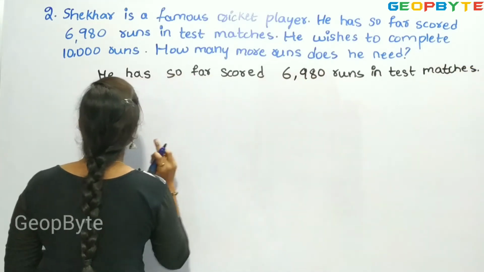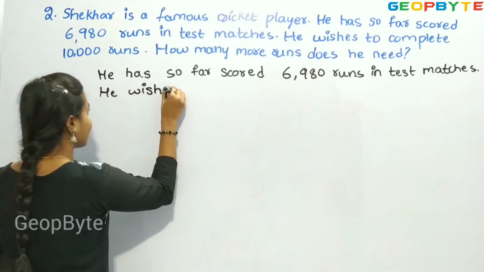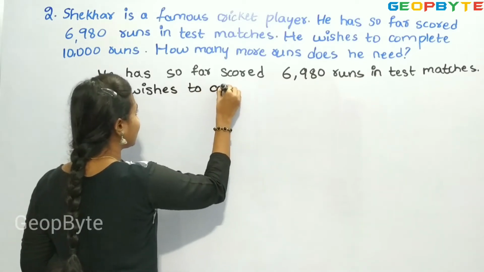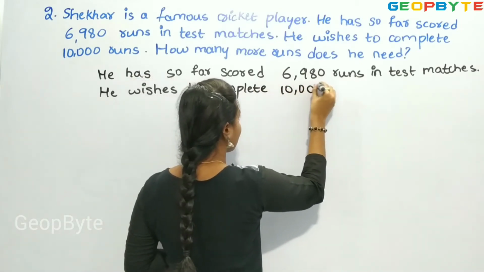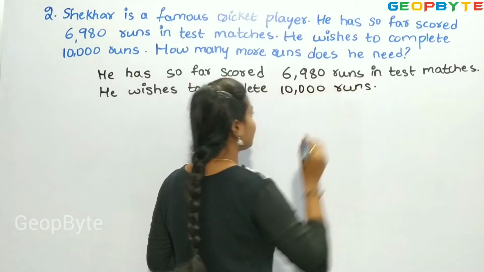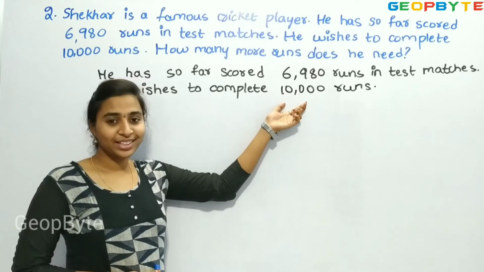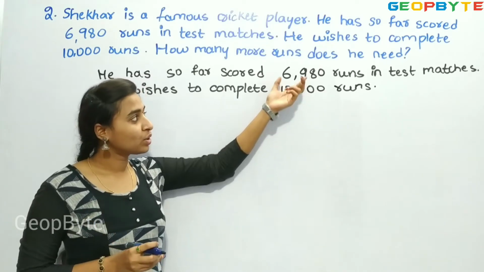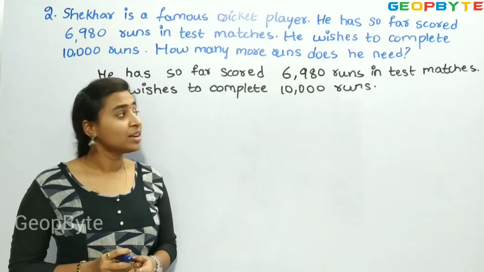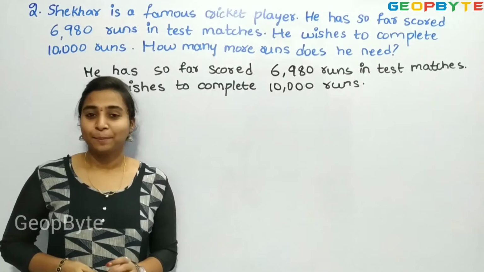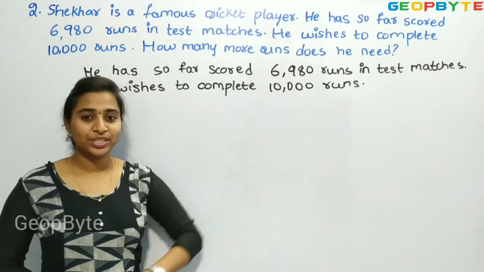But he wishes to complete 10,000 runs. So, see, his wish is to complete 10,000 runs. He has already scored 6,980 runs. Means more how many runs does he need to complete 10,000 runs? Means we need to subtract 6,980 from 10,000.